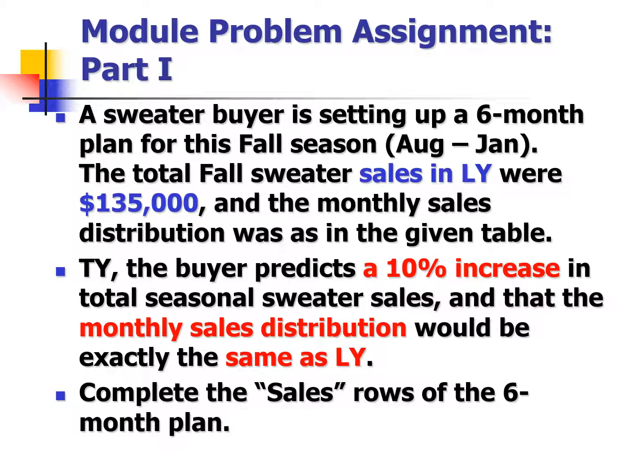If you take a look at the first 2 paragraphs on page 2 of the assignment, it explains that you will be setting up a 6-month merchandise budget plan based on the following information. The setup or scenario, the case, is given below, and you will have to complete all the blank numbered cells, like I said earlier, in the chart on page 1 of the assignment.